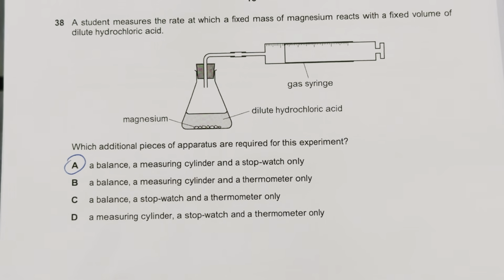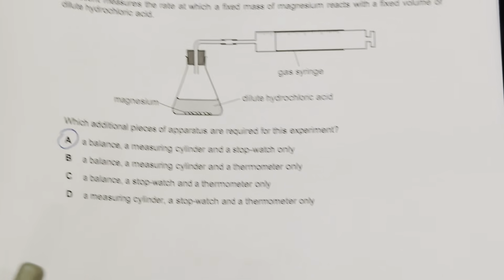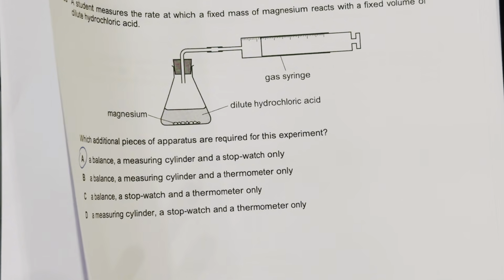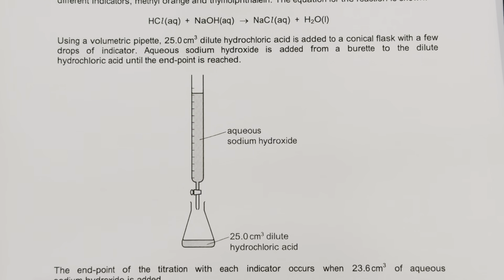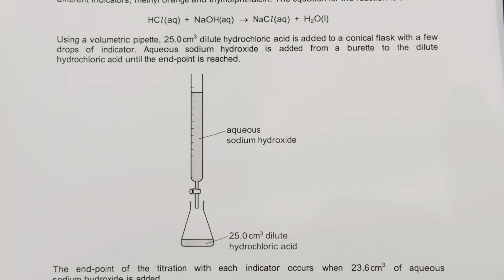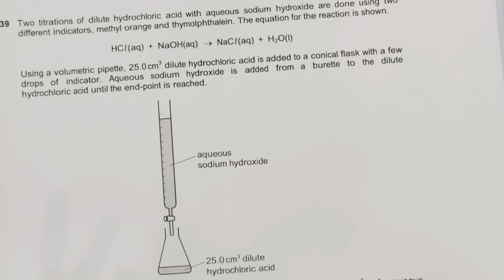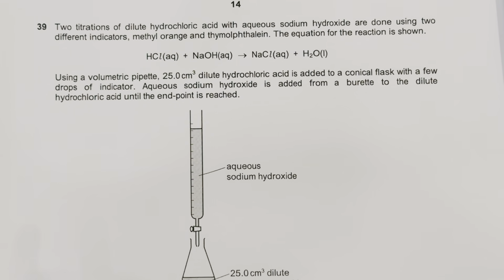Moving to question number 39. Two titrations of dilute HCl with aqueous sodium hydroxide are done using 2 different indicators, methyl orange and thymolphthalein. The equation for the reaction is shown: HCl plus NaOH gives NaCl plus H2O. Using a volumetric pipette, 25 cm3 of dilute HCl is added to a conical flask with a few drops of indicator.